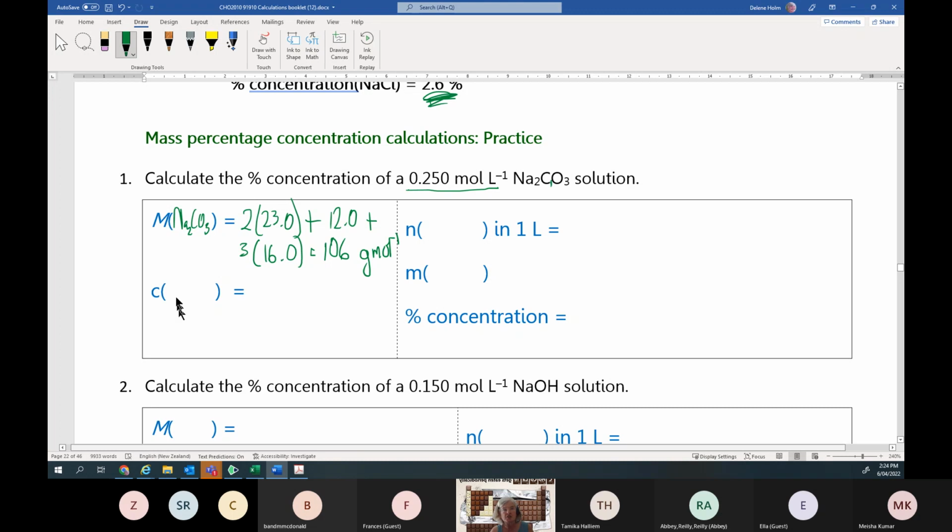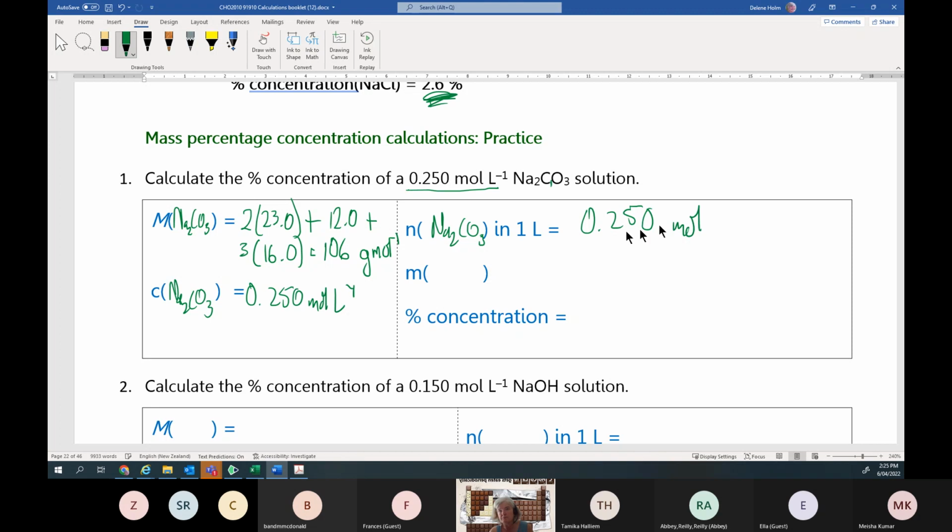My concentration of my sodium carbonate. So here I'm just taking all the given information, so it's a list of everything I know, and you can always work out molar mass. So this is 0.250 mole per liter. To work out the concentration, it simply means in 1 liter, I've got 0.250 mole.